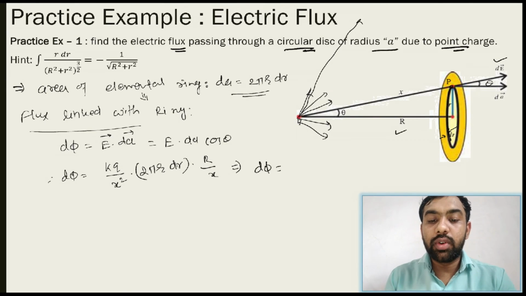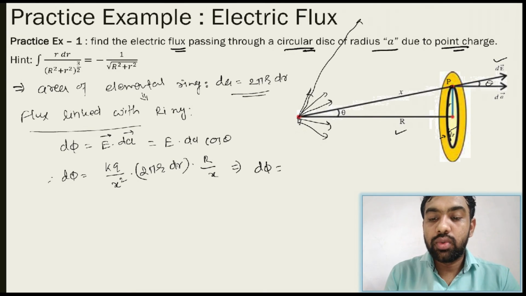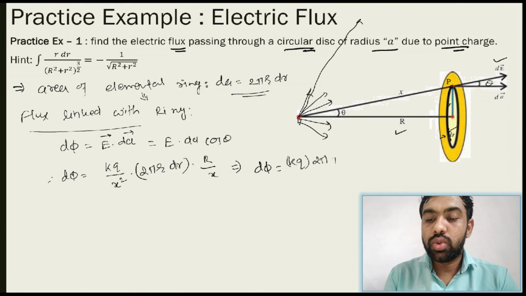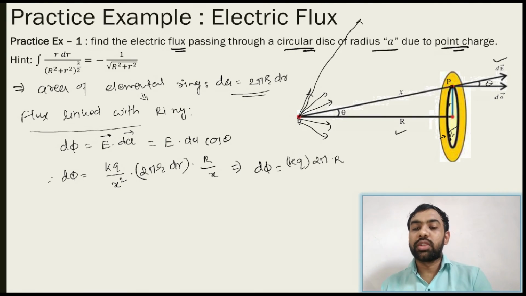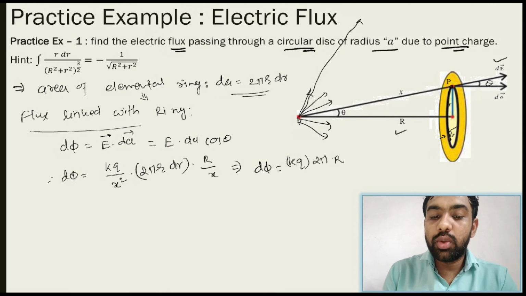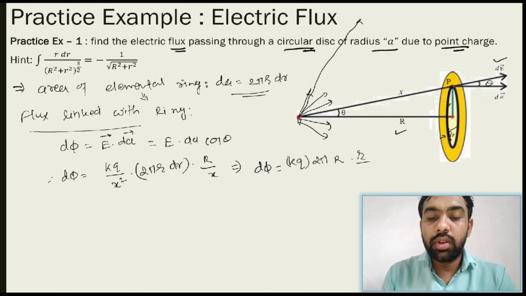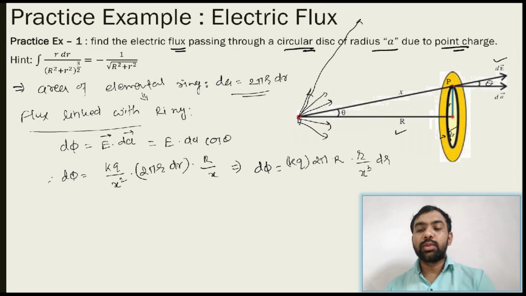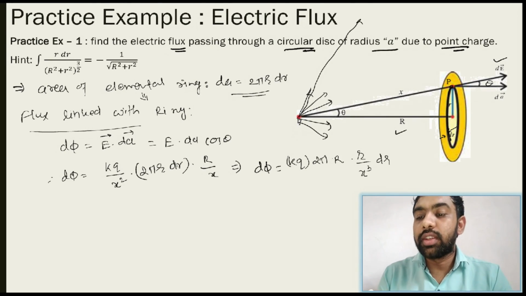So dφ is equal to kq into 2 pi into r. All of this data is constant, kq 2 pi r, and the remaining you write here: r upon x cube into dr. Okay, what is x here? See, x square is equal to r square plus R square.